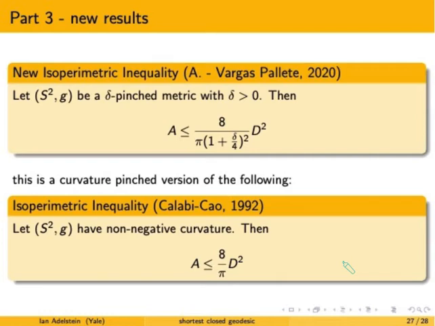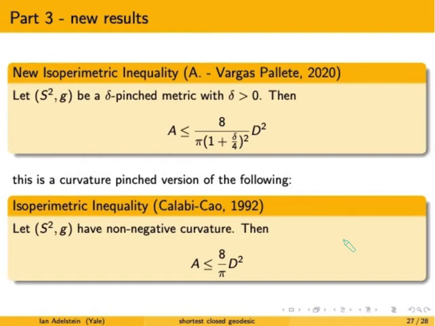I'm not going to take the time to prove the new isoperimetric inequality for you, but I'll say it follows very closely the proof of the Calabi-Cao result. For their inequality, they combine an upper bound on the first eigenvalue in terms of area due to Hersch with a lower bound on the first eigenvalue in terms of diameter squared due to Zhong and Yang.